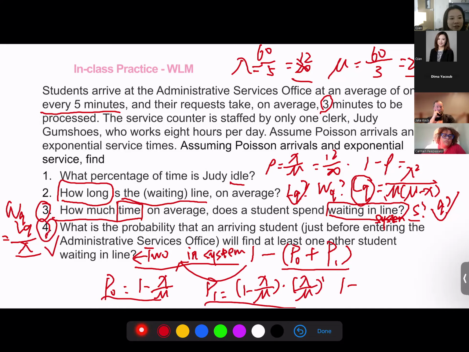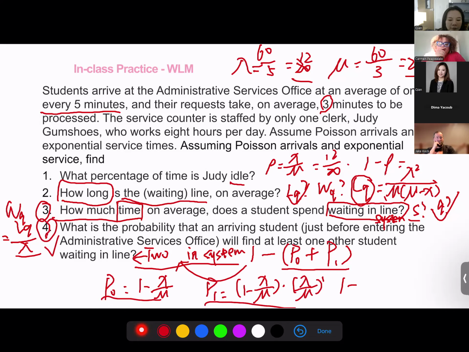Okay? I have a question. Do you always have to show the 0? Yes, you do. Because when we consider how many students are in the system, there could be 0, like nobody waiting in the system, or maybe 1 waiting, or 2 customers or 2 students waiting in the system. So you always need to consider nobody waiting in the system.